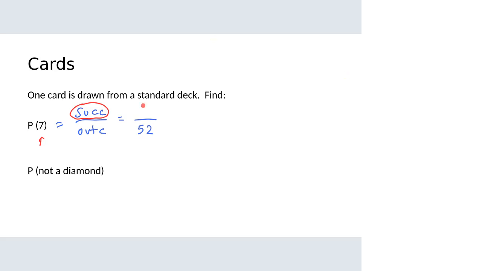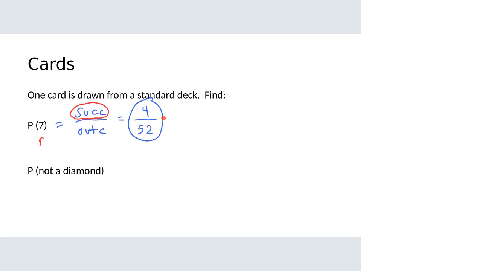So the probability of getting a 7 is 4 out of 52. You could reduce it to 2 out of 26 or 1 out of 13 if you want to, or you can leave it right here as 4 out of 52. Let me know if you have any questions on that before we go down and look at that next one.